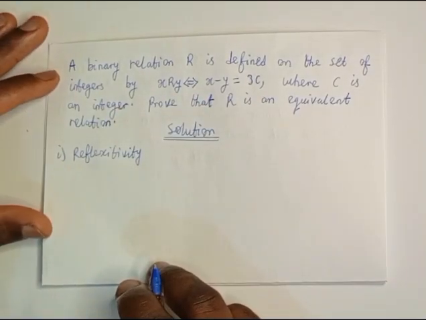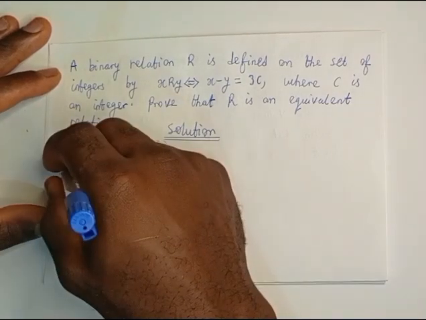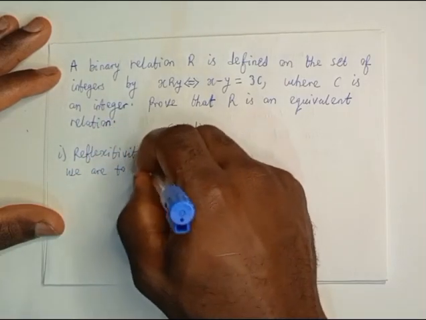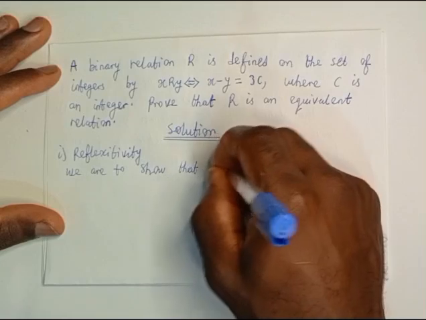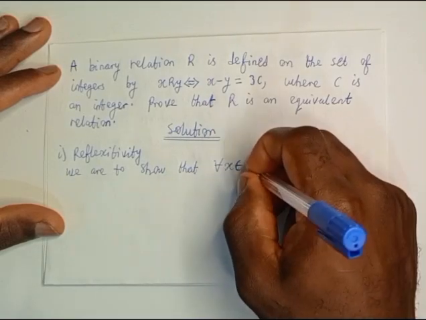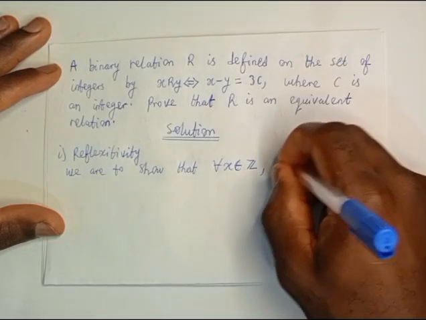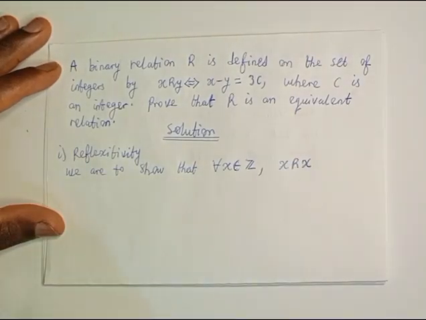For us to show that R is reflexive, we have to show that for every x we take from the set of integers, x is related to x. This is what we have to show.